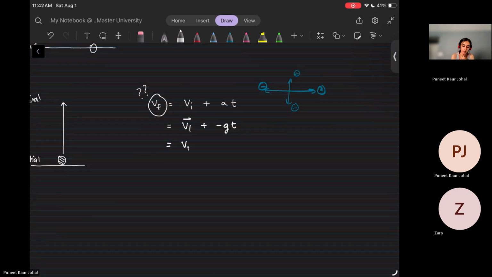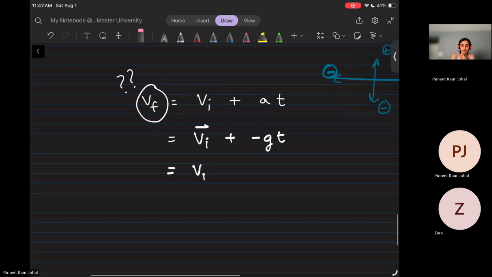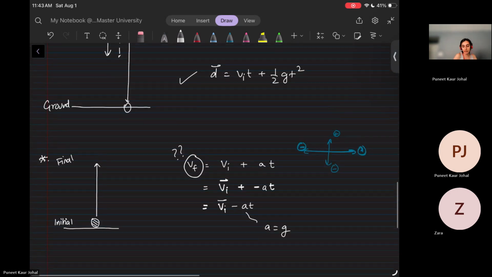So technically, let's just do A if that's better. So it'll be like this. This would become the formula for final velocity. And we know that acceleration is the same as g, so it's 9.81. But what I'm trying to do here is teach you that you can only use three equations and you can always predict the signs just by choosing the direction of your own.